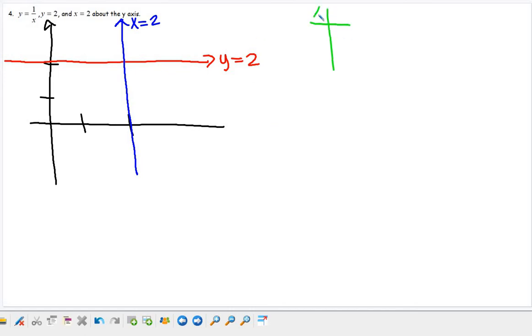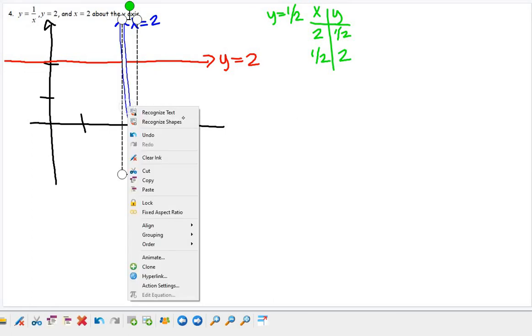So when I make my t-chart, I need to know when x is 2 and when y is 2. So when x is 2, y is equal to 1/2. When y is 2, x is equal to 1/2.